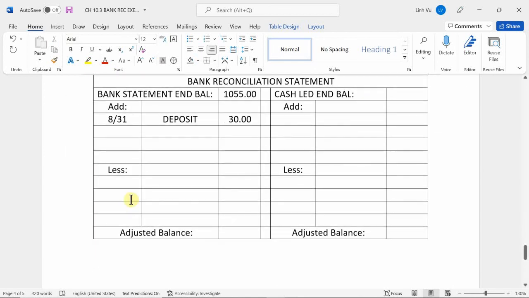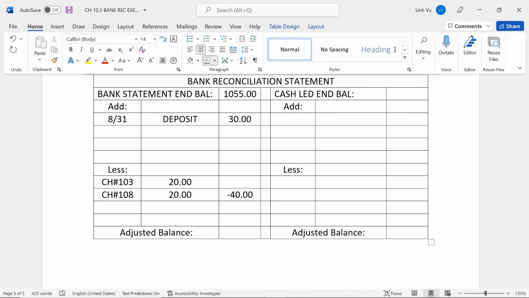So let's see, check number 103 and check number 108 for $20 each, giving you a total of $40 that you have to subtract.